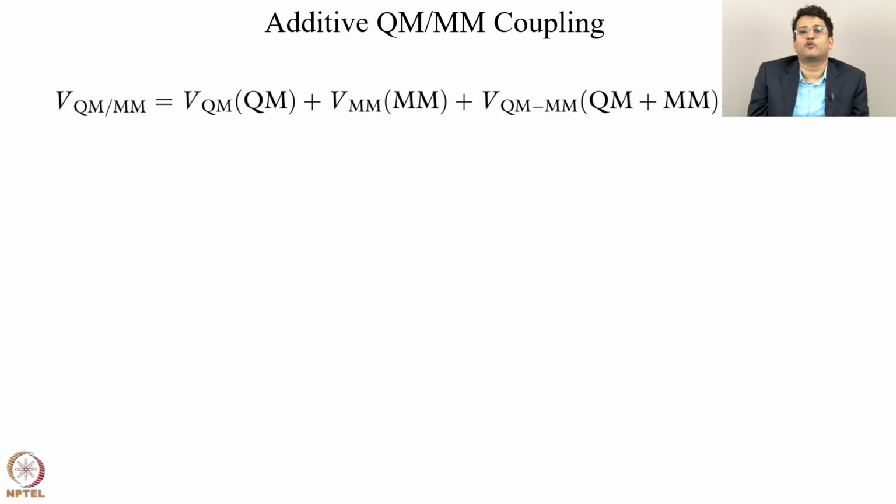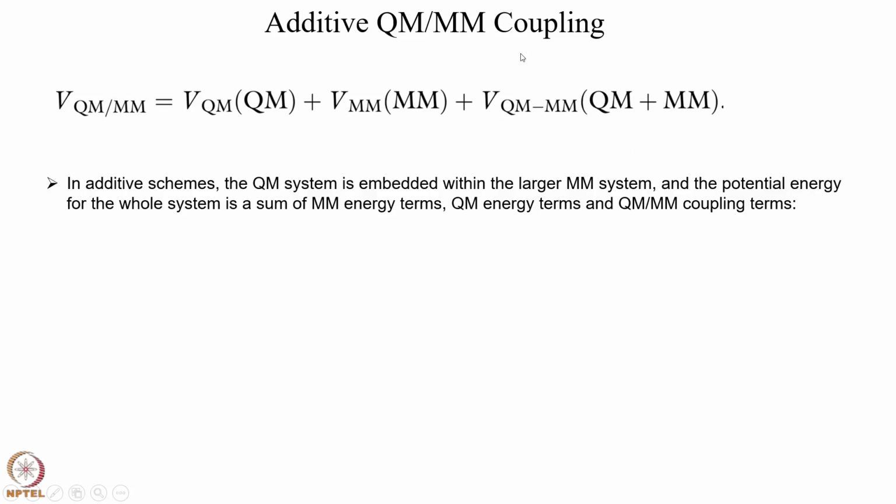For this, we come to something called additive QMMM coupling. In additive QMMM coupling, you can write the total QMMM energy as the QM energy, the MM energy, plus a coupling term which actually connects the QM and MM.